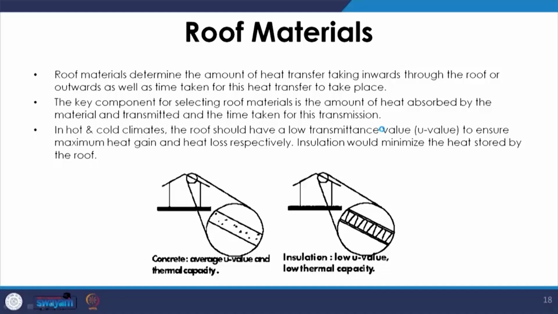Now, if I provide an insulation material in the wall, also roof, I will be able to cut down on the transfer of heat from indoor to outdoor in this case. The same concept holds good for the roof, exactly the same, where we want thick materials with heavy insulation capacity, low U value for hot and cold climates.